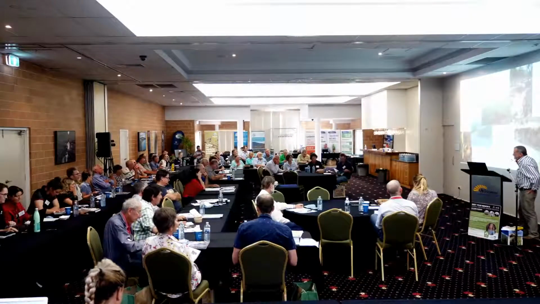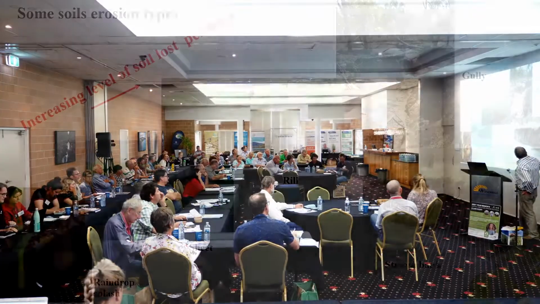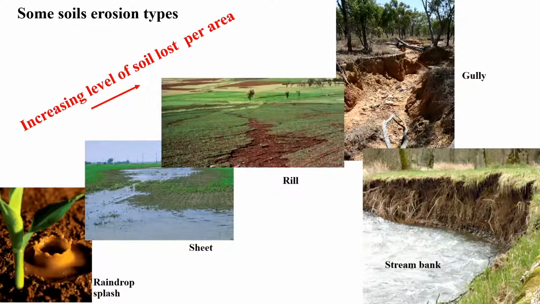So, soil erosion types. It starts from the minor and heads up to the big stuff, with increasing level of soil loss per unit area. You've got raindrop splash, and I'll go into that a little bit more, where the raindrops hit your soil and then just splash it downhill.